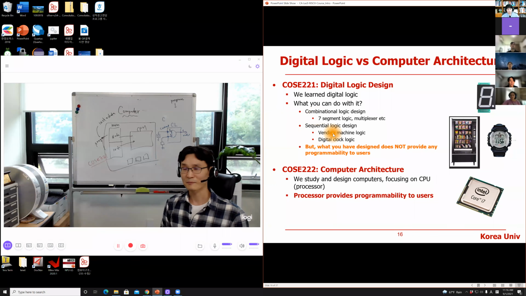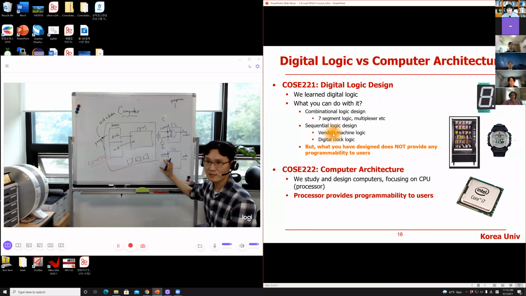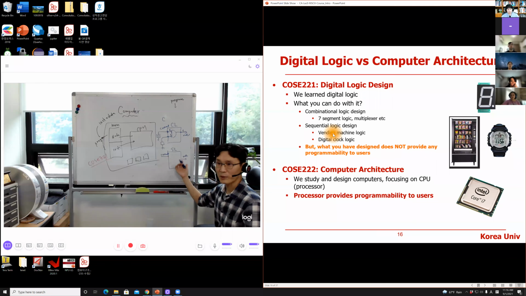How about sequential logic? In sequential logic, the output is determined based on two things: first, the current input, and second, the past input. But the past input is already gone, so sequential logic must have the capability of remembering past input.